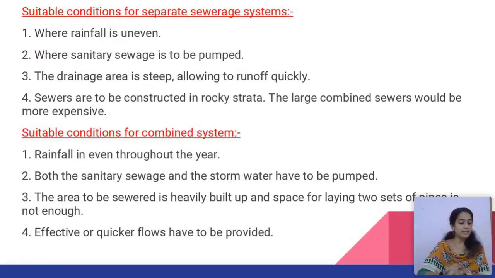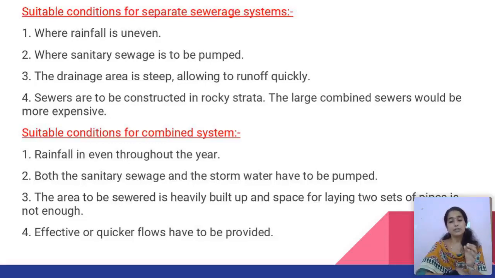Then the suitable conditions for separate sewerage systems. The separate sewerage system means the dry weather flow separate and the stormwater sewer pipeline separate. The system is suitable where rainfall is uneven. When rainfall is uneven, we can accept the system, and where sanitary sewage is to be pumped.